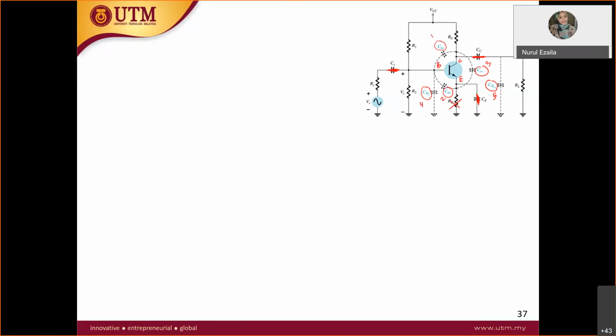It's going to be a long high frequency equivalent circuit. You have to put everything here. So put your gm v_pi.